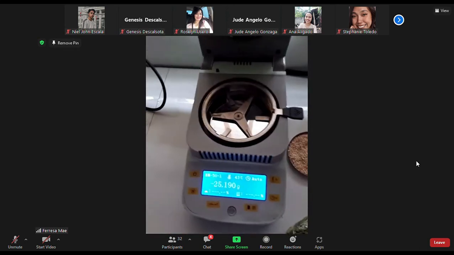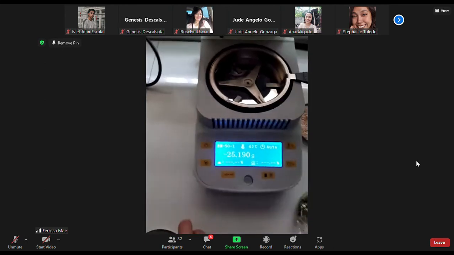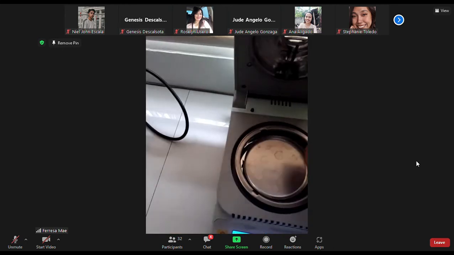So we'll go back sa moisture analyzer. We'll put another aluminum dish.